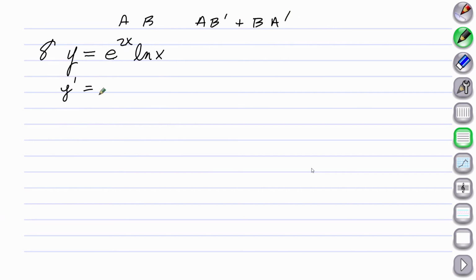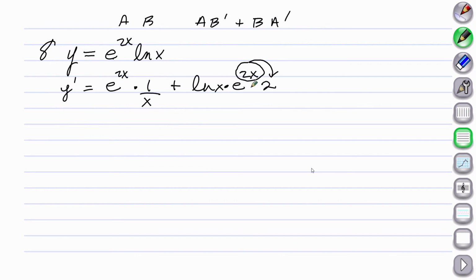A doesn't change, times the derivative of ln x, which is 1 over x, plus B, which is ln x, times the derivative of e to the 2x. That'll be e to the 2x, times, chain rule, the derivative of 2x, which is 2.